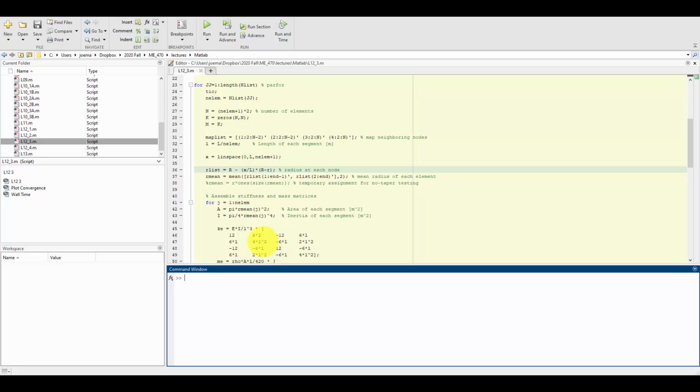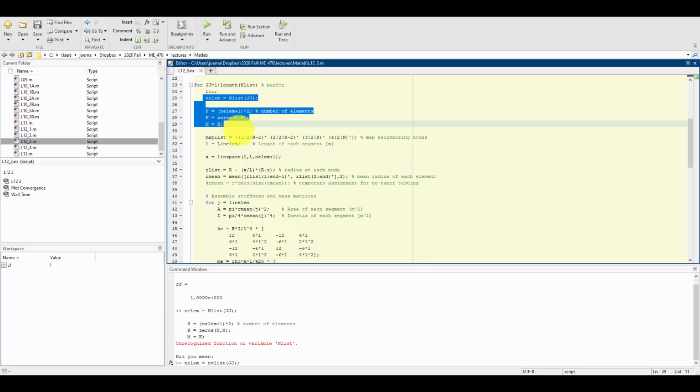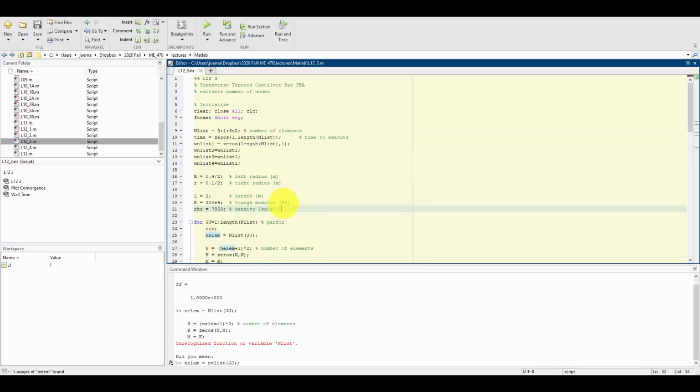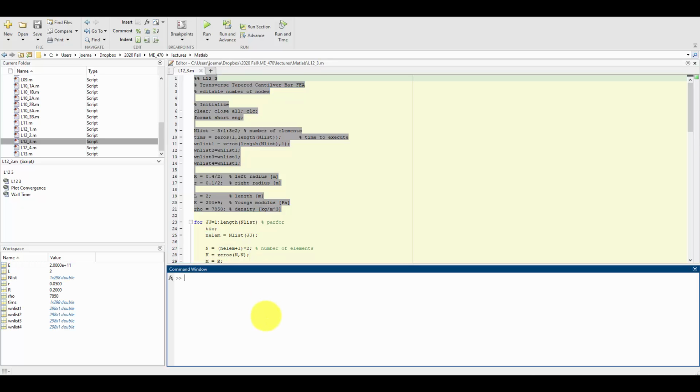So let me go for j equals 1 so that I can see what this looks like when I have the 3 elements like I had in the picture. So let me just run everything up to that point.